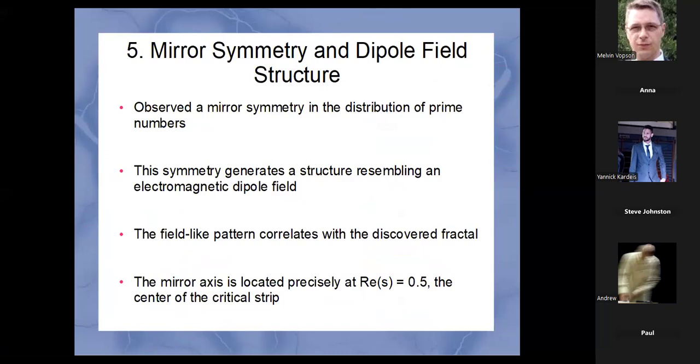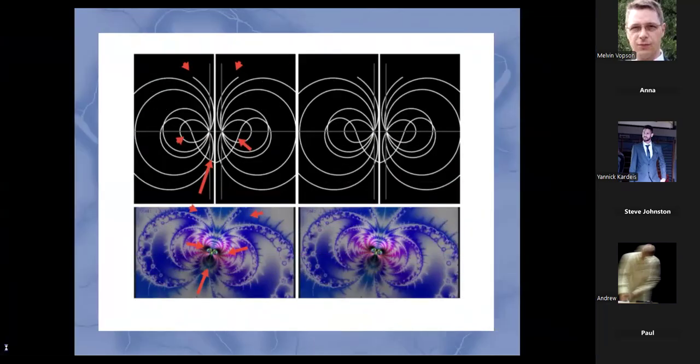Next, we mirrored the normal distribution of prime numbers to show its similarity to the fractal. And this creates a structure like the fractal resembles a dipole field. This also shows that prime numbers must be mirrored exactly at the point 0.5 by the analytic continuation. So in this picture we just mirrored the normal distribution of prime numbers and received something which looks like this electromagnetic dipole field.